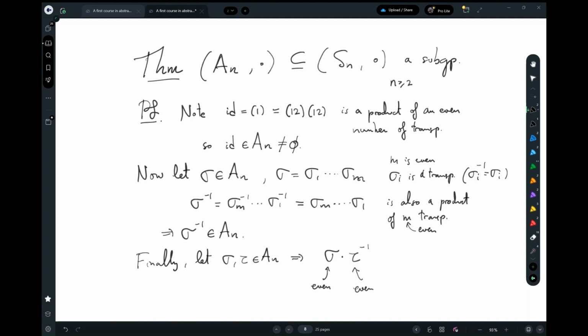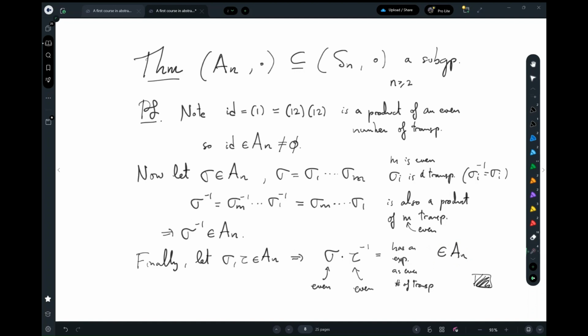And if I use those expressions, then I get a product that has an expression as an even number of transpositions. So it is also in An, and remember, that is enough to prove that something is a subgroup. We needed non-empty, and we needed that every time 2 elements are in it, then sigma tau inverse is also in it. So we've proved that An is indeed a subgroup of Sn.